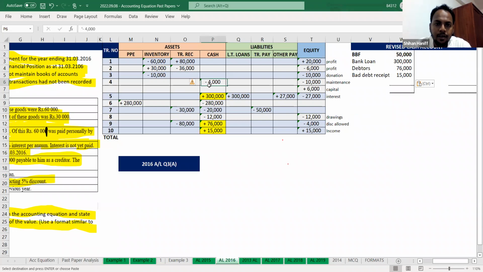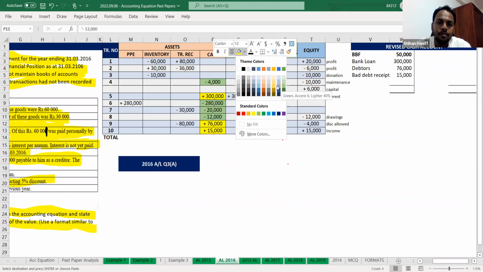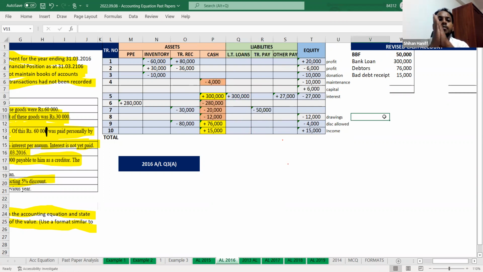And the other 4 transactions are payments: maintenance, then purchase of PPE, payment to creditors, and drawings.